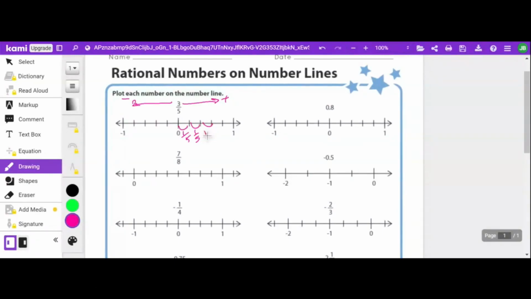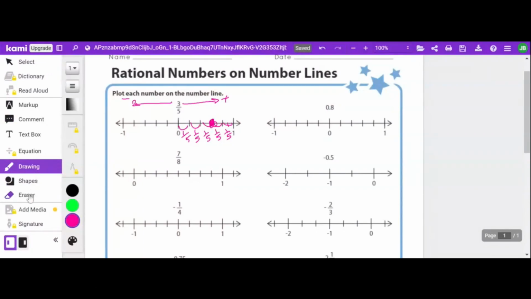Each section on this number line is a fifth. Right? So 3/5 would be at 1, 2, 3, would sit right there on the number line.